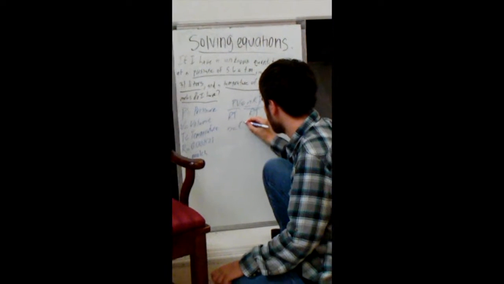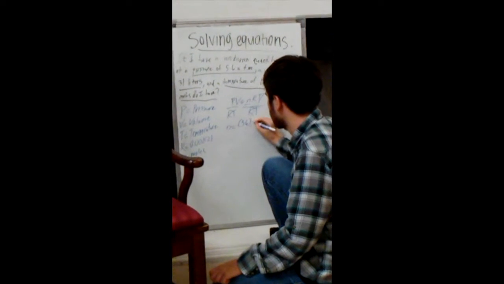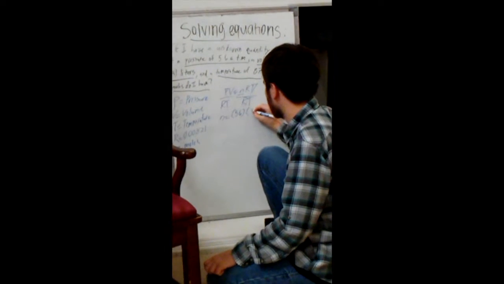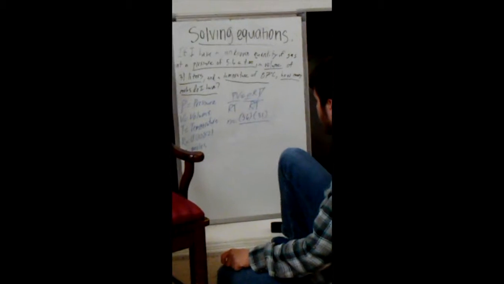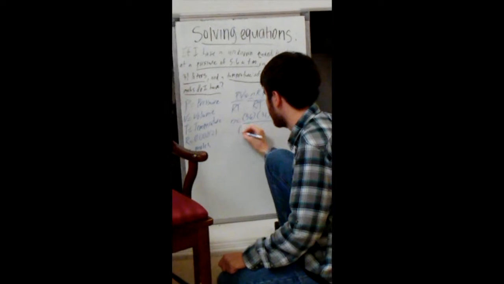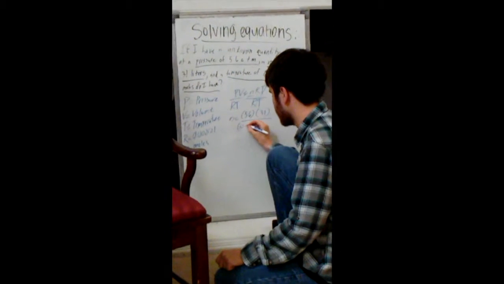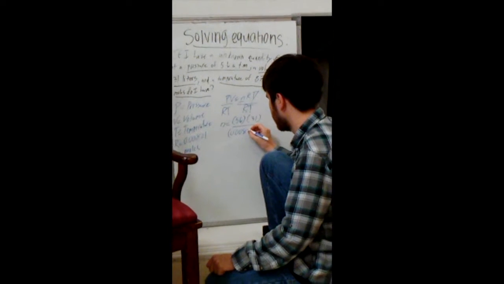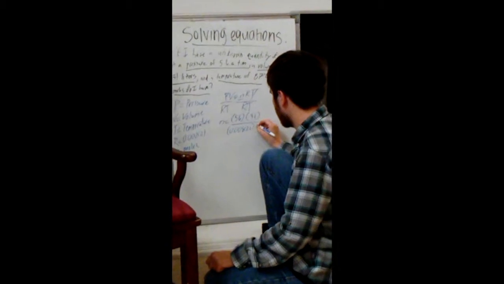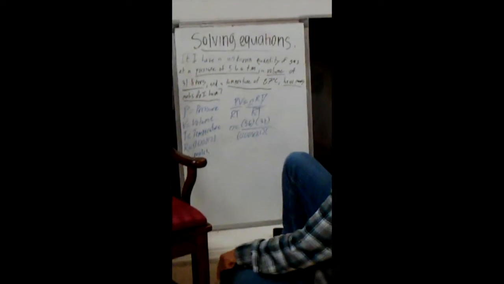P is the pressure of 5.6, and we do the volume of 31. And then we put the numbers underneath too. R equals 0.00821.